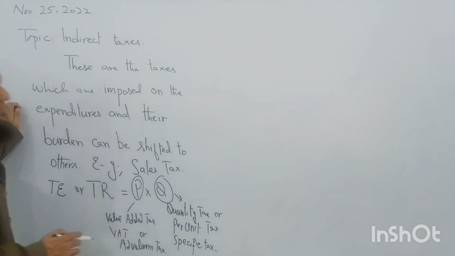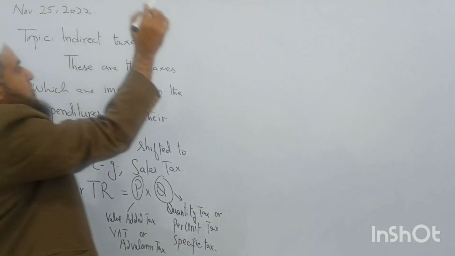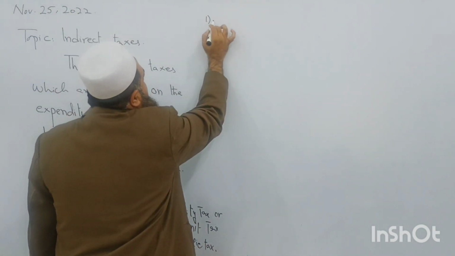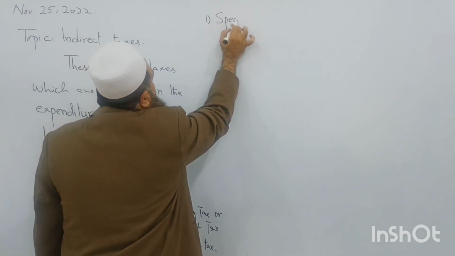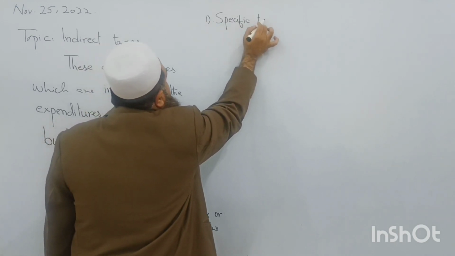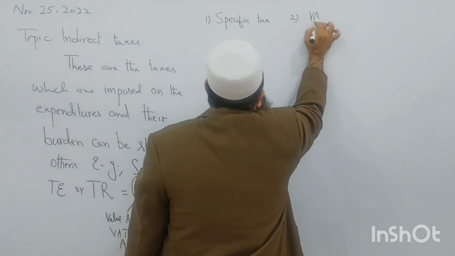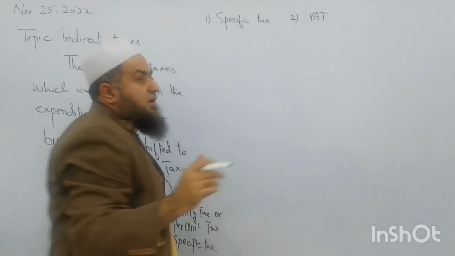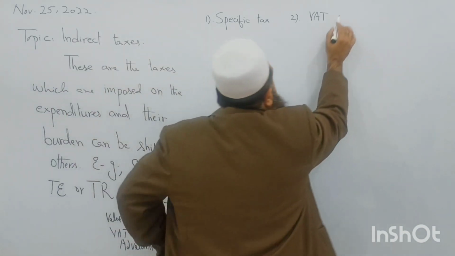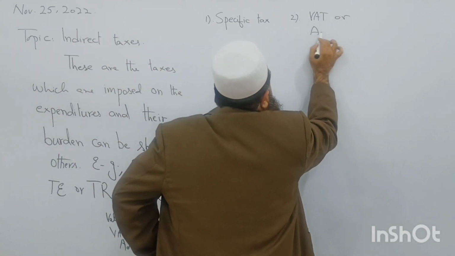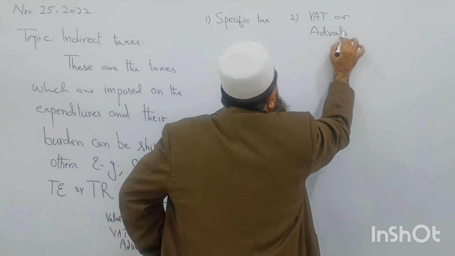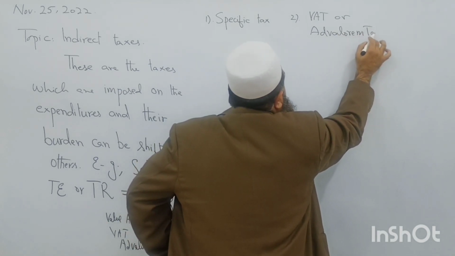This is another name of this tax. Therefore, we have two types of indirect tax. One is called specific tax. Another is called value added tax or ad valorem tax. Alright.